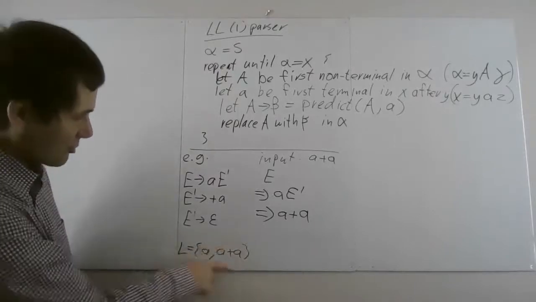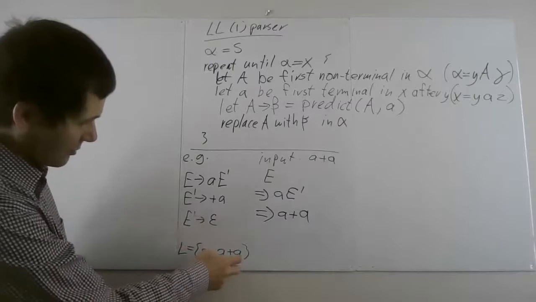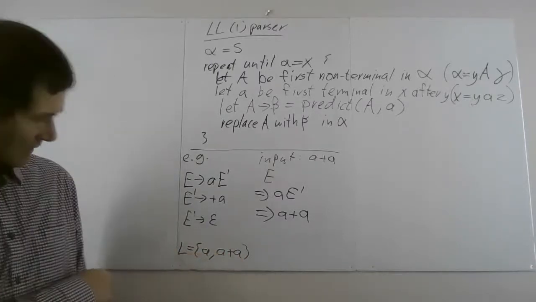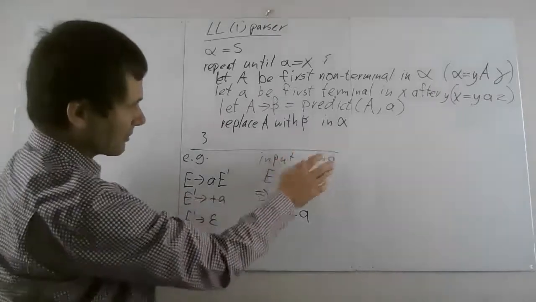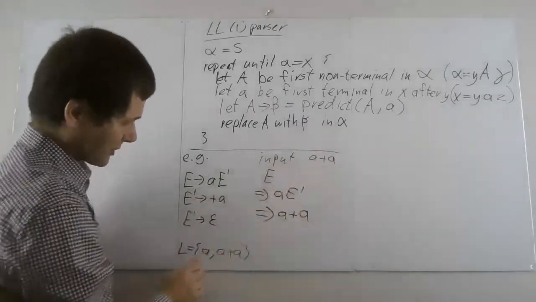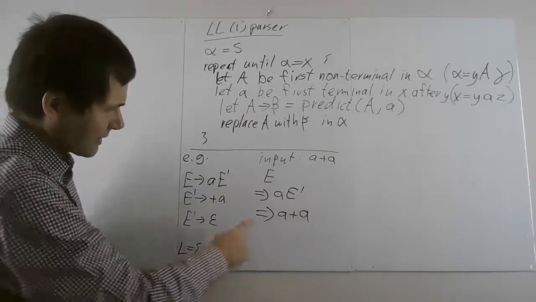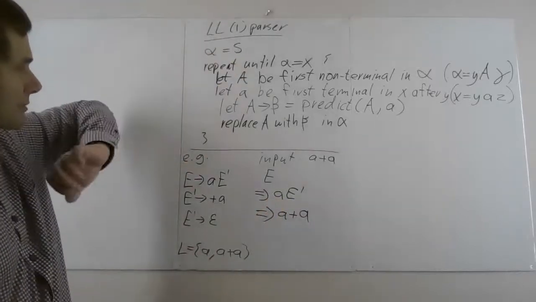Okay, so our language has two possible inputs, right? Two actual words in the language: A plus A, and A. So what if the input wasn't A plus A, but the other possible input, A? Then I would have A E prime, and what would the algorithm do?